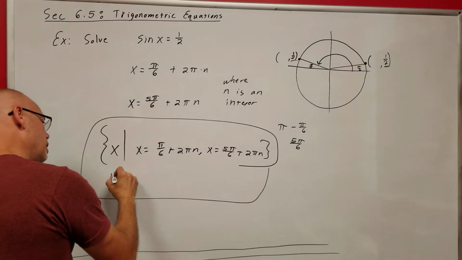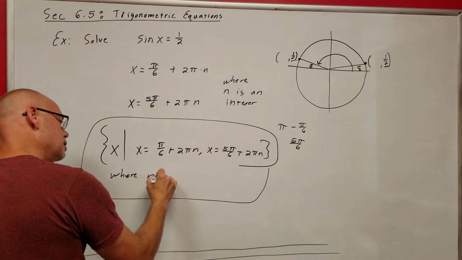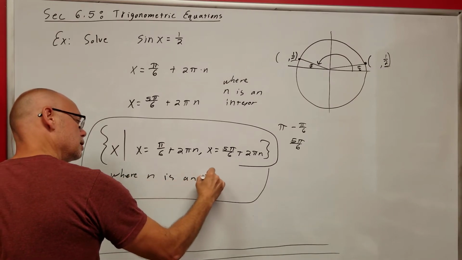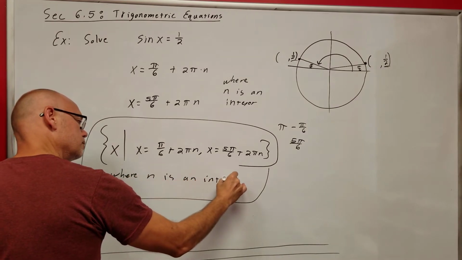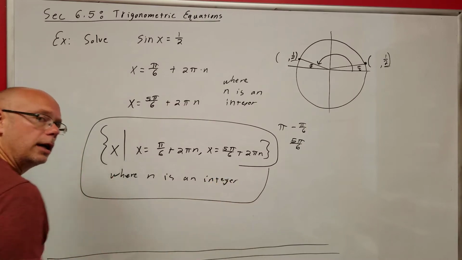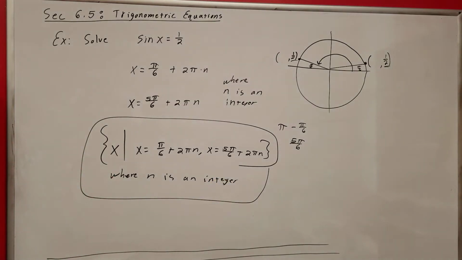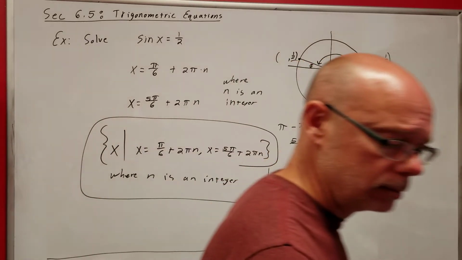I like to say where n is an integer. Go ahead and get in the habit of putting where n is an integer, because your teacher next semester will probably take points off if you do not put that. So let's form a good habit now so we don't have to suffer for it later with points off.